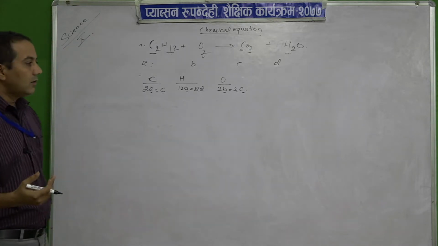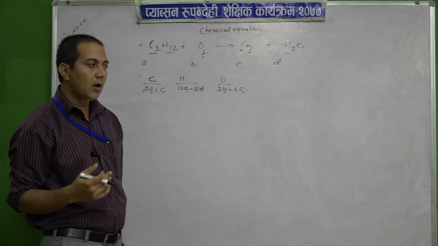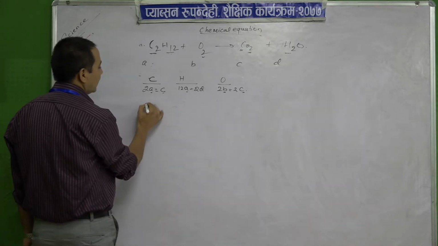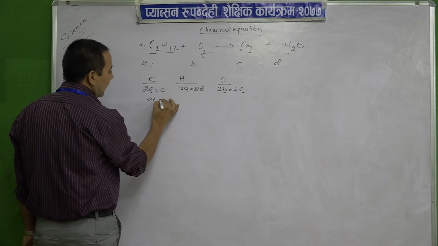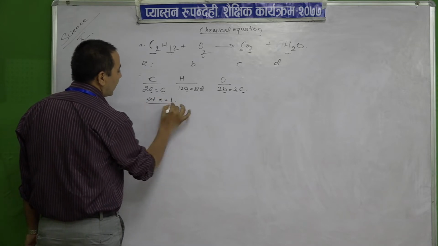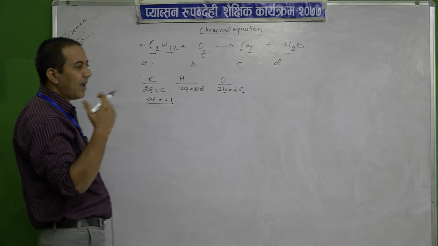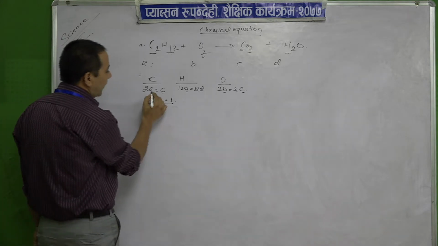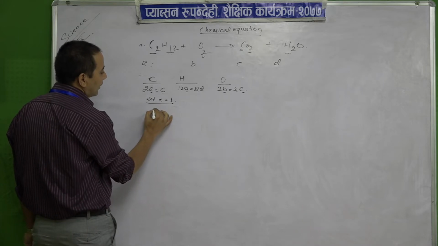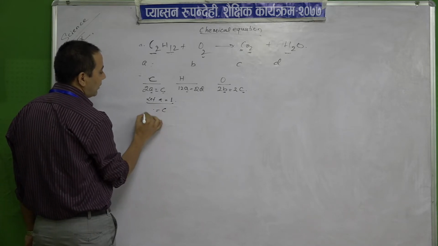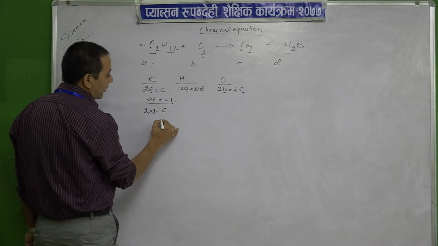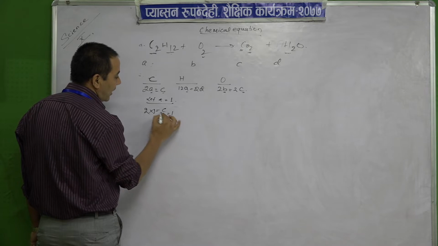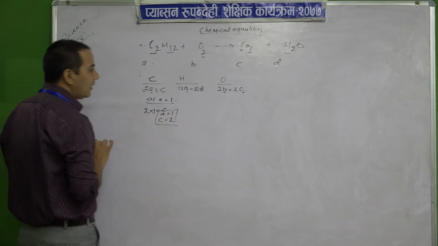So either we take A or we take C. Let A equal 1. We don't have to show this, we just have to think about it, so that it makes things easy. So if A is 1, then what will C be? C equals 2 into 1, so the value of C is 2, and the value of A is 1. Yes, 2 values are there.